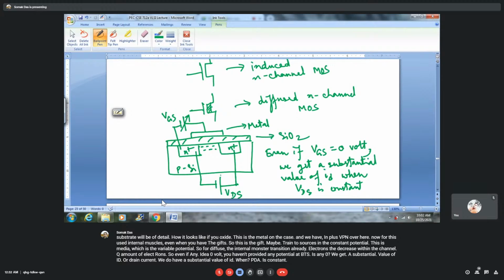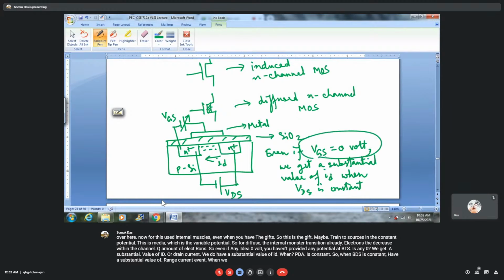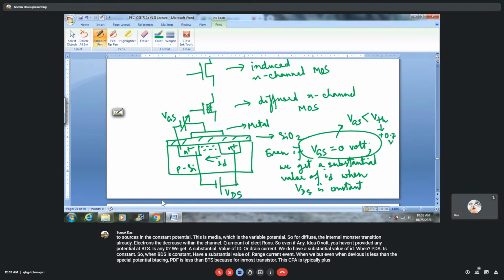So even when VGS is 0, which means VGS is less than VTH, because for NMOS transistors made of silicon, this VTH is typically plus 0.7 volt.